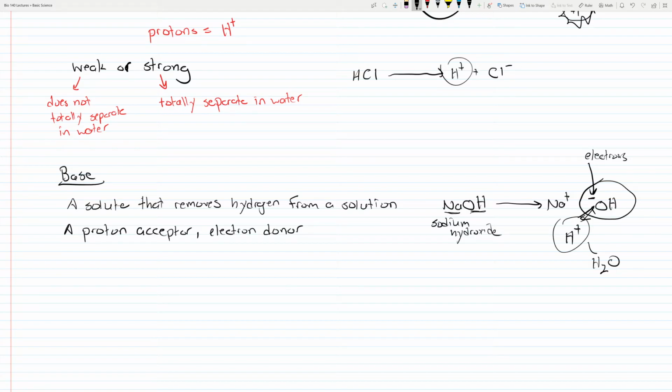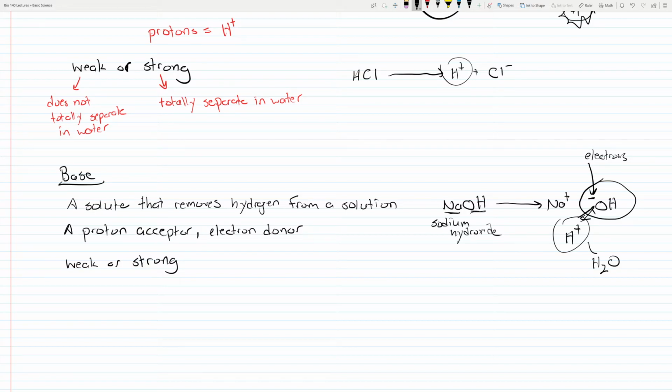Just like an acid, we can have weak or strong bases, and the definitions of a weak base and a strong base are the exact same as the definitions for an acid.